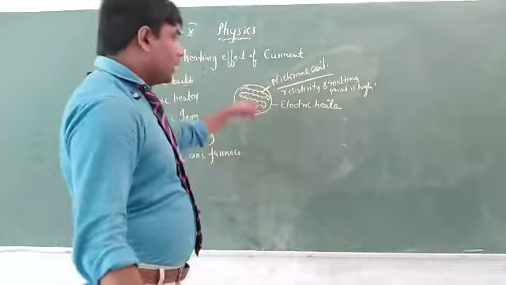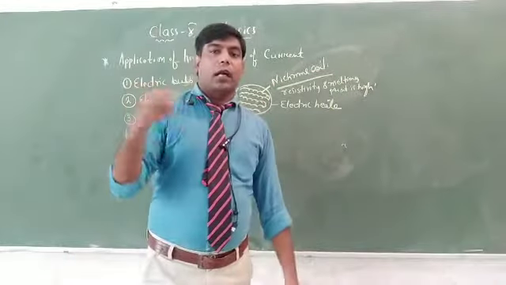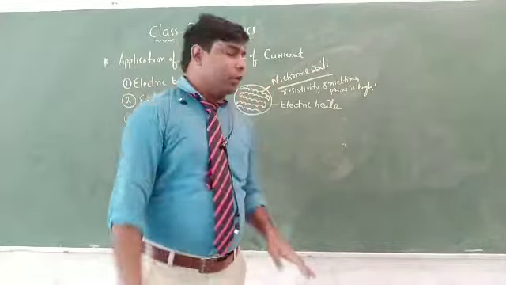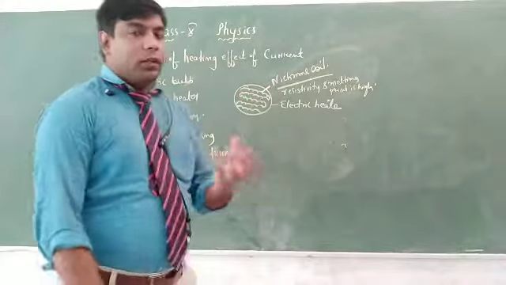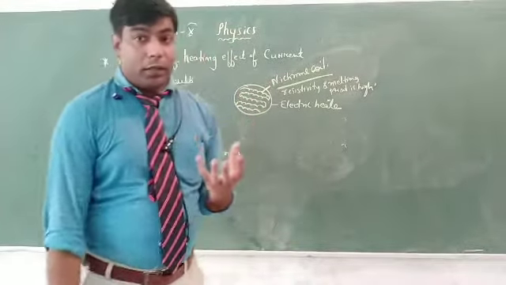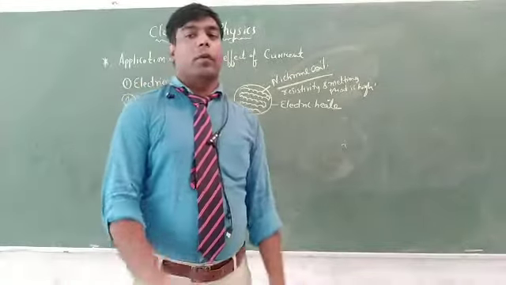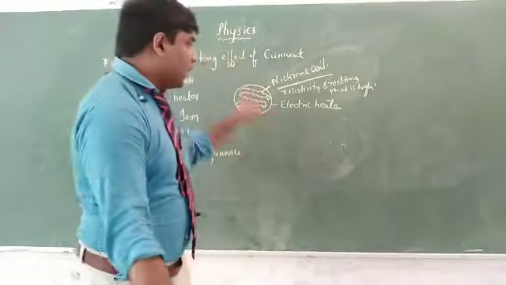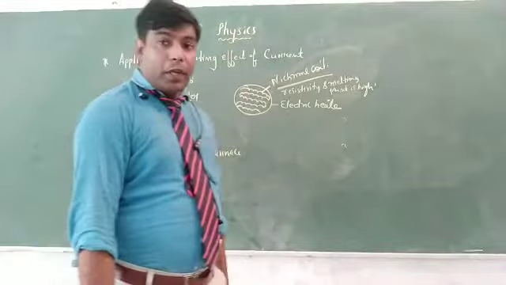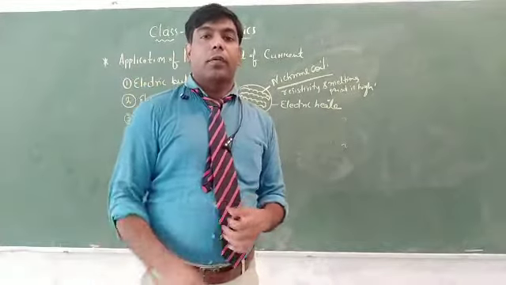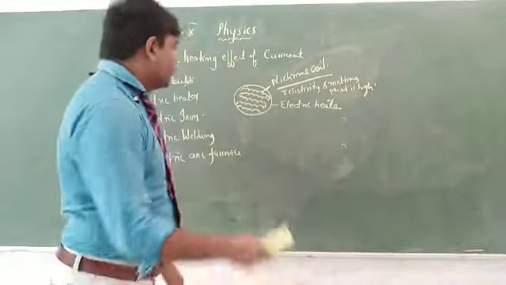So when current flows, I square R into T amount of heat will be produced here, and thus it will provide heat, and we use that heat for different purposes. That is, your electric heater also is based on the principle of heating effect of current, right?